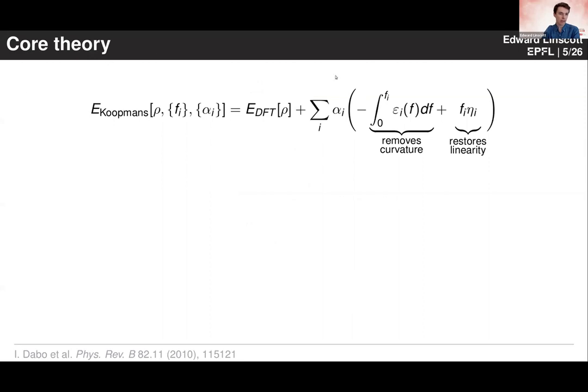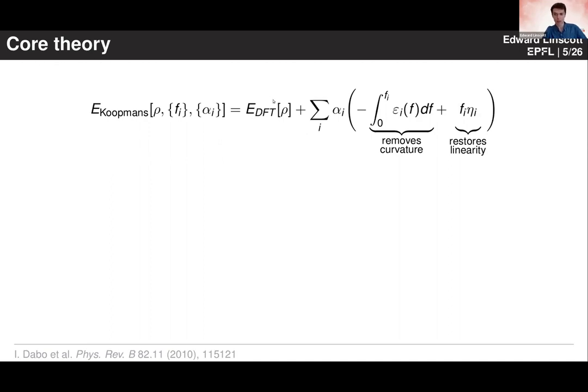So here is the full Koopmans functional now. We've got that same correction here on the right, but now we sum over all the different orbitals. So we're going to apply this orbital by orbital to every single orbital in our system. And here we've got some base density functional theory, like our PBE or LDA or PBEsol, for example.